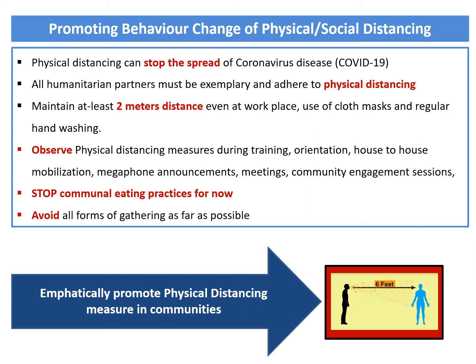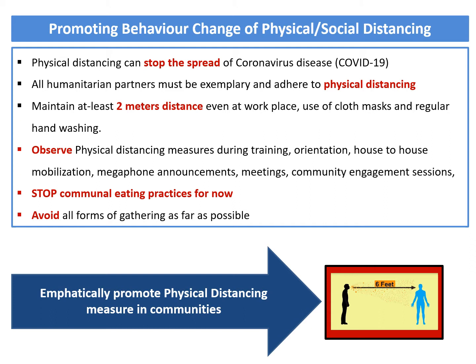Now, as I said earlier, we need to stop the group eating, which is very popular in this country. Because it brings people together, and as we said, you don't even know who is sick because some people don't even show any signs, as we have pointed out earlier. So all forms of gatherings should be regulated as much as possible.